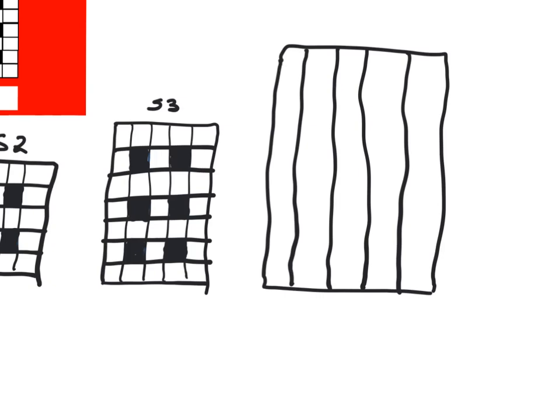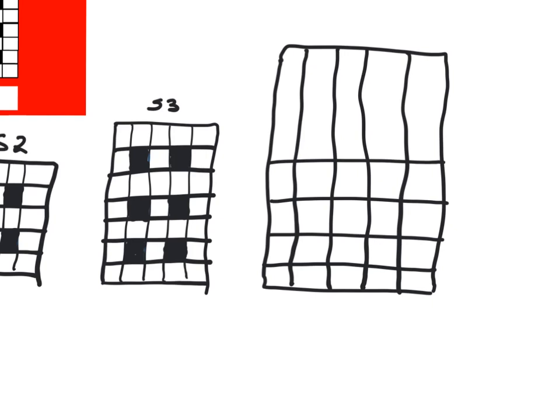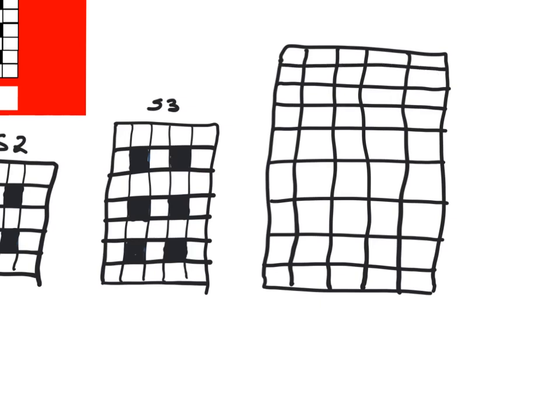So let's go ahead and do that. 1, 2, 3, 4, 5, 6, 7, and 8 lines going across. That should give us 9 rows: 1, 2, 3, 4, 5, 6, 7, 8, and 9 rows.